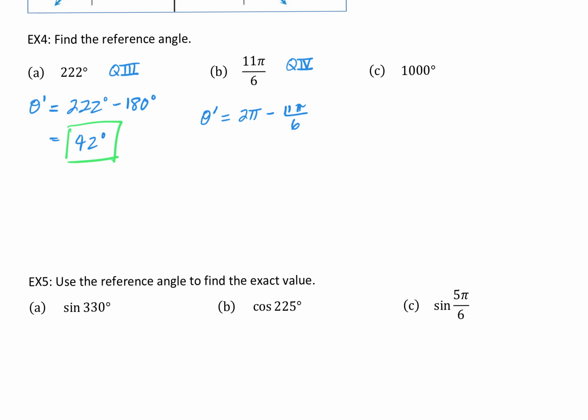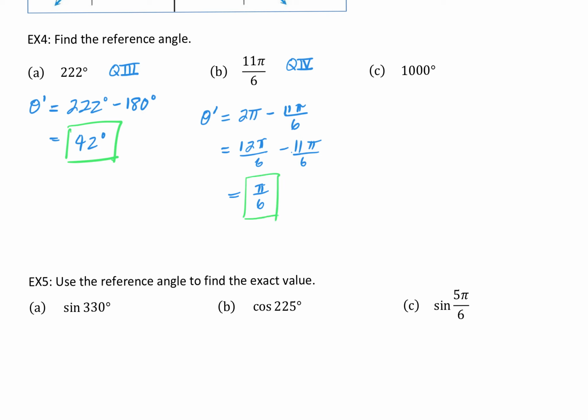So 2 pi just turns into 12 pi over 6 minus 11 pi over 6. And I get pi over 6.